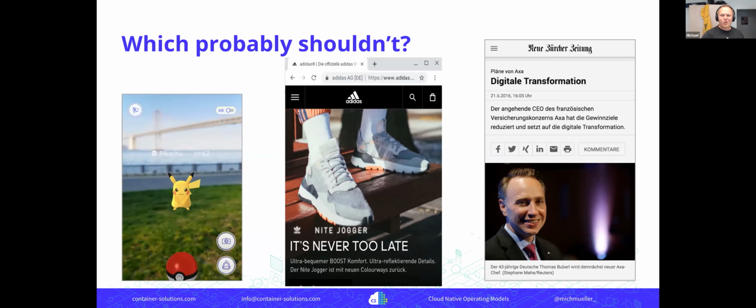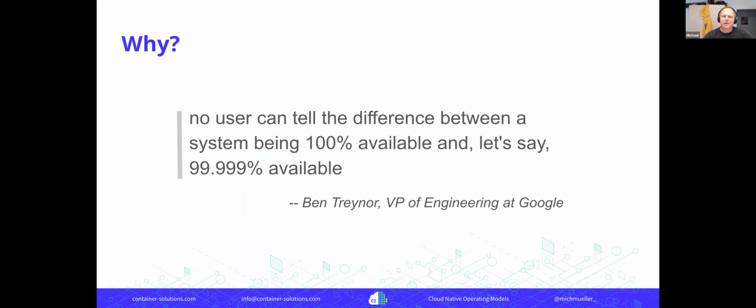But if you would go to NZZ, Adidas, or I forgot the name of this stupid game, doesn't matter, usually the first discussion is about, wow, we need a shitload of 9s. 5 to 10 9s availability, that's at least required. No, because usually your end users can't tell the difference between 99.999, and I would even go further.